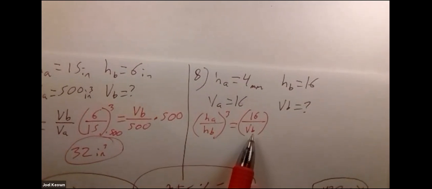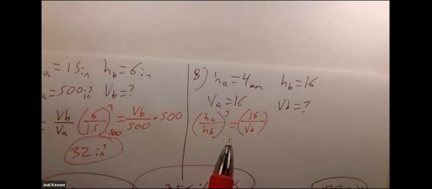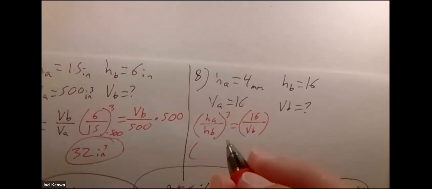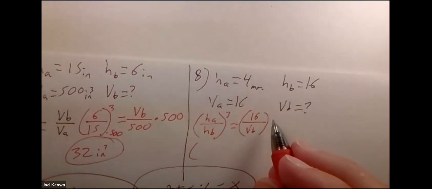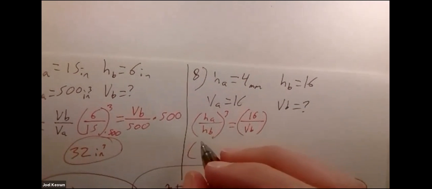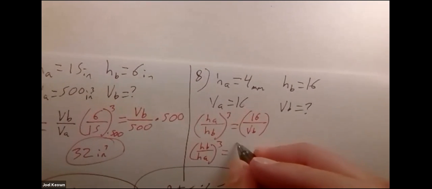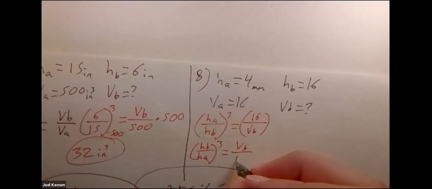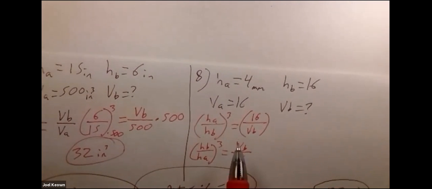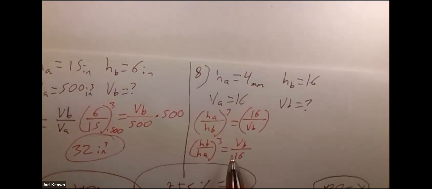Well, I just said I didn't want that, so I'm going to flip them. Sorry. I really want that to be on the top, so that all I have to do is multiply both sides by 16. So let's put H of B on the top. So I'm actually going larger on the top. I'm allowed to do that just so long as I flip both of them.